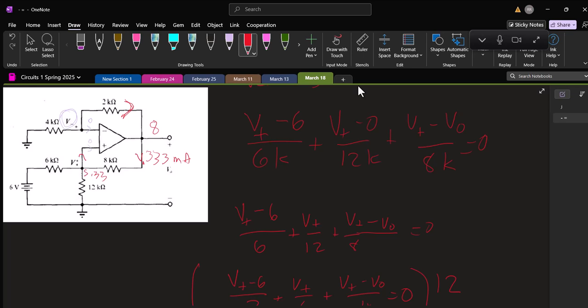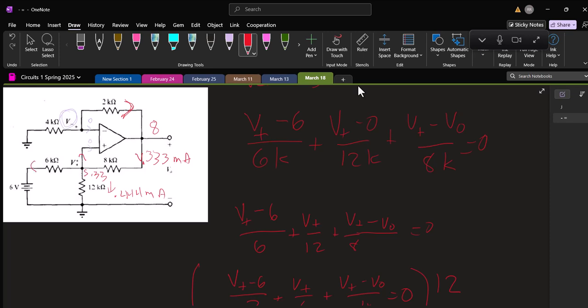And then the current going down here would be 5.33 divided by 12,000, which is 0.44 milliamps.